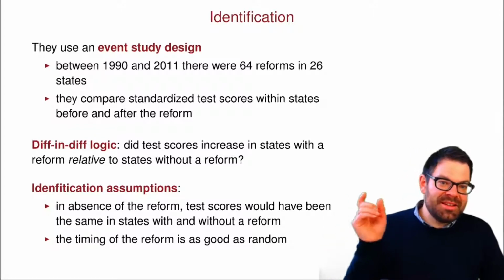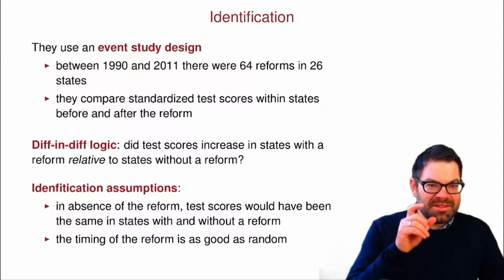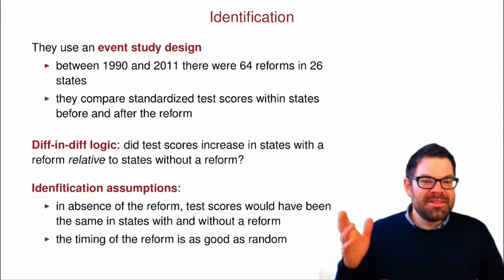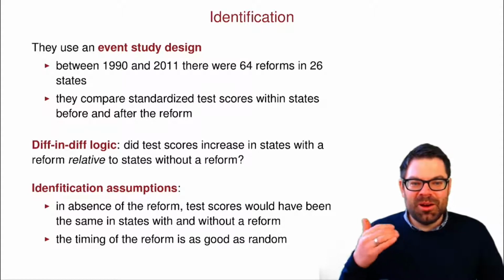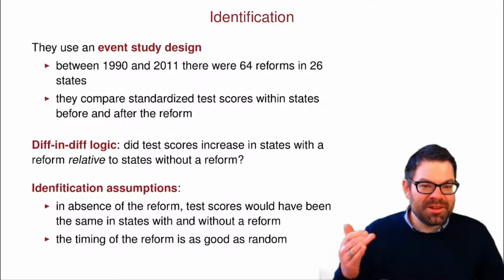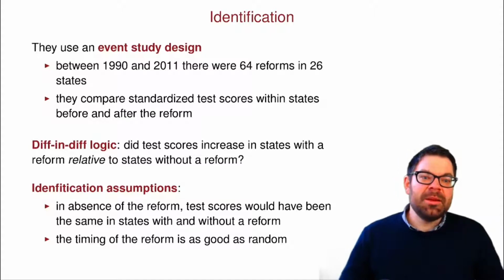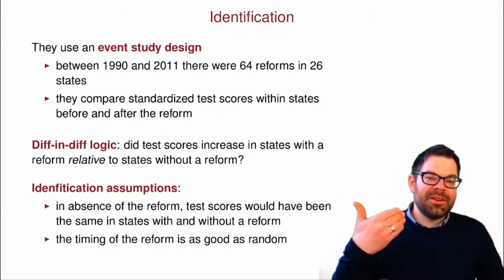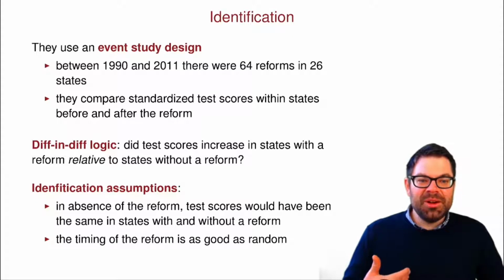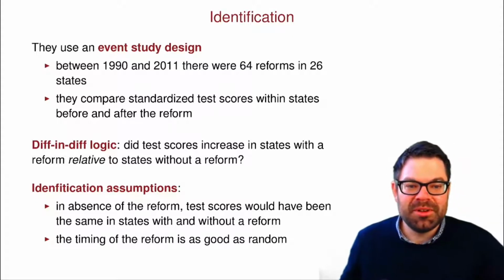So whether a state had that reform early or late is as good as random and depended simply on some delays in court cases, and so there is no difference, so they claim, between states that would have adopted that policy early and those that would have adopted it late.